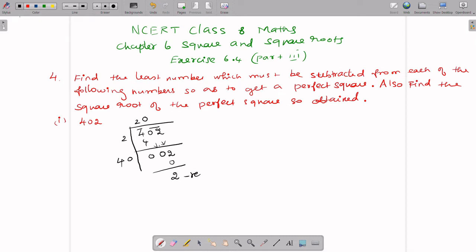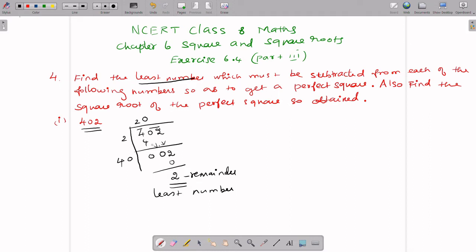So this is our remainder, and this remainder is the least number that will be subtracted from the given number. This is the extra number. If the 2 is not present, then it becomes a perfect square.